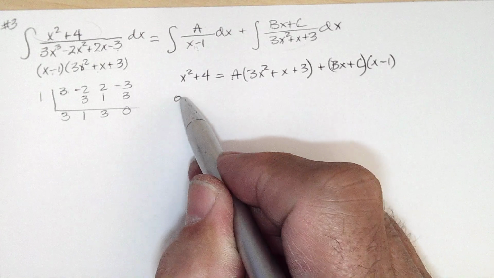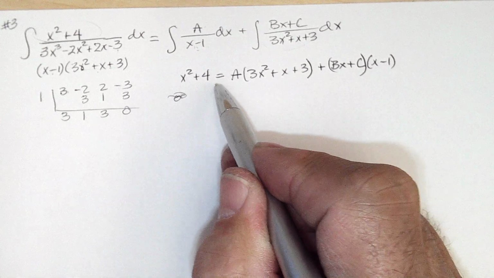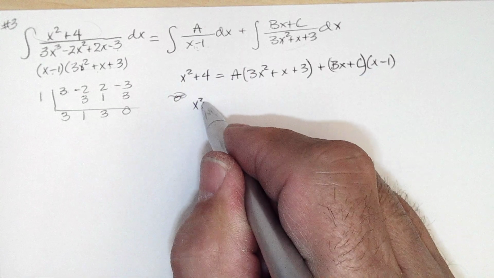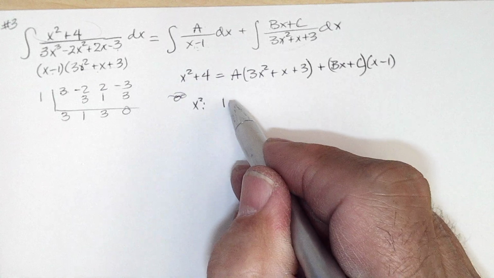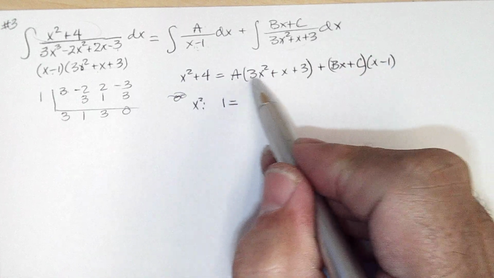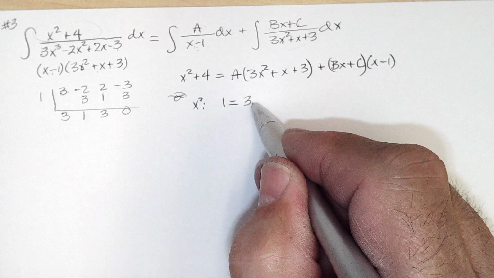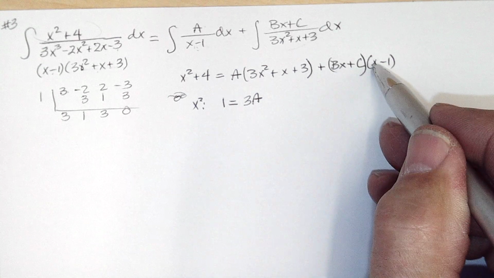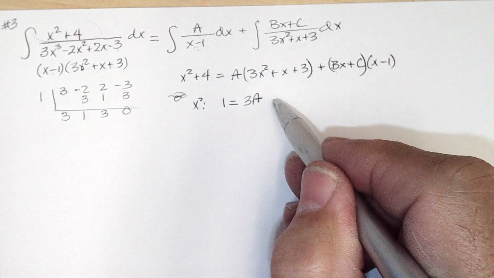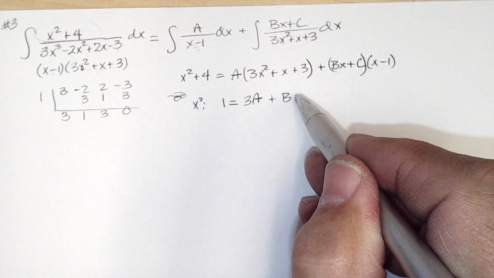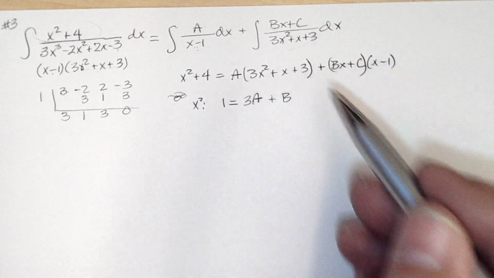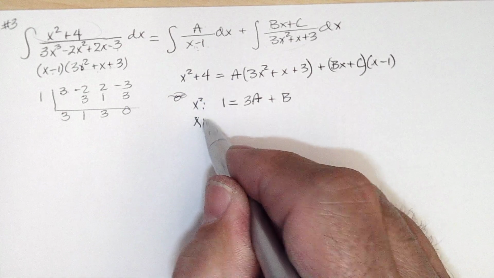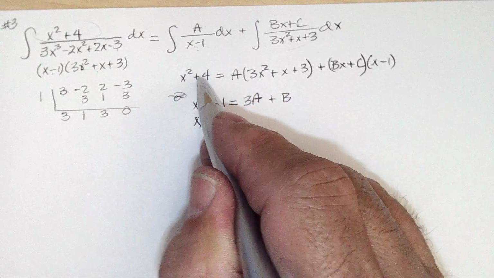I'm just going to use matrices, so I'm going to look first at the x squared terms, since I got x squareds on both sides. I got 1 here equals, and over here I have 3A and B, Bx squareds here, and no Cx squareds. And then I'm going to look at the x's, and there's none on the numerator of this.